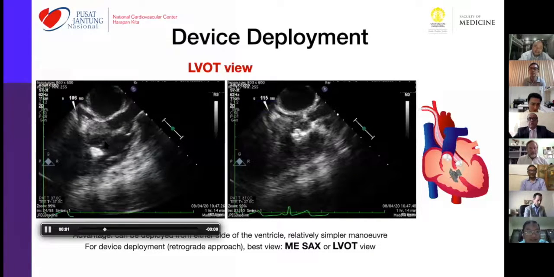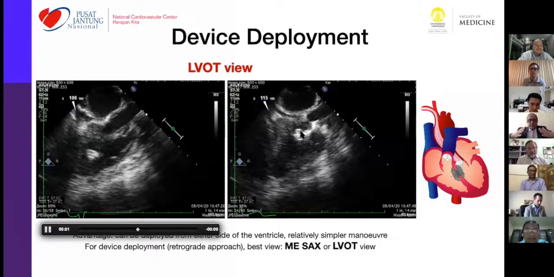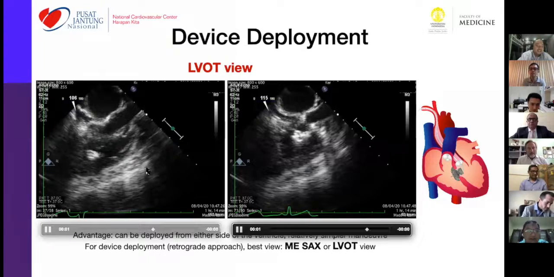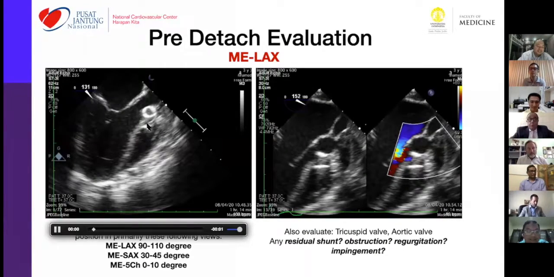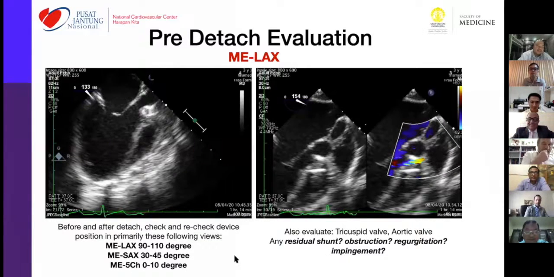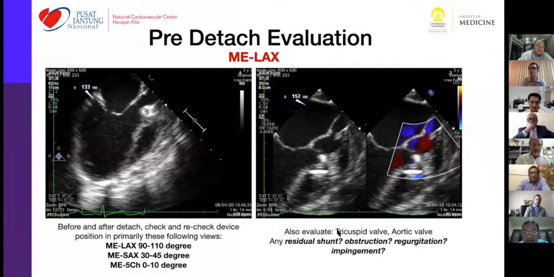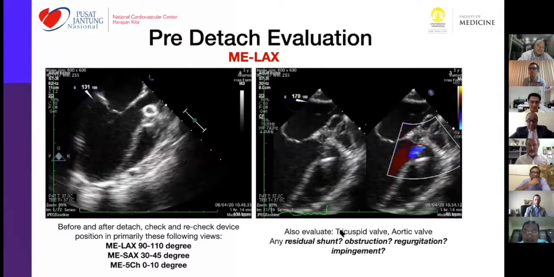Then just put the device and deploy it on the right side and then the left side. After that, we evaluate from the long axis, the short axis, and the 5 chamber. We evaluate whether there is any impingement of the tricuspid valve, or any disturbance of the aortic valve.